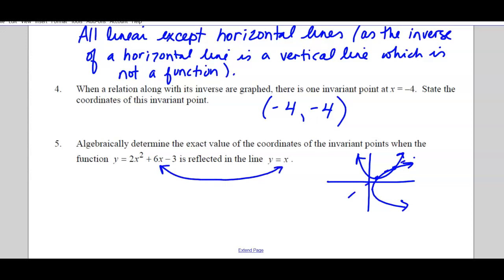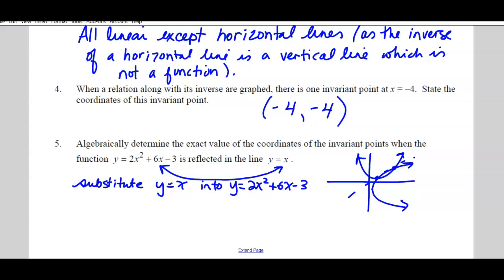That's your system. So remember back to math 20 when we did a system of equations where there are quadratics in it. So we just substitute, right? So substitute y equals x into y equals 2x squared.